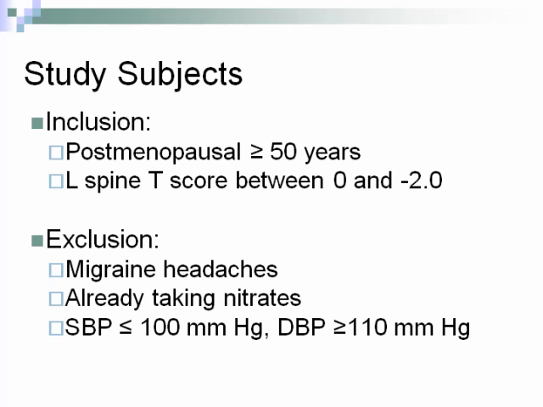We included women who were postmenopausal, at least 50 years old, and who had bone density T-scores between 0 and -2. We excluded women who had migraine headaches. Our thought was that the headaches may be exacerbated by nitroglycerin, women who were already taking nitrates, and women who were hypotensive, systolic blood pressure less than 100, or diastolic blood pressure greater than 110.